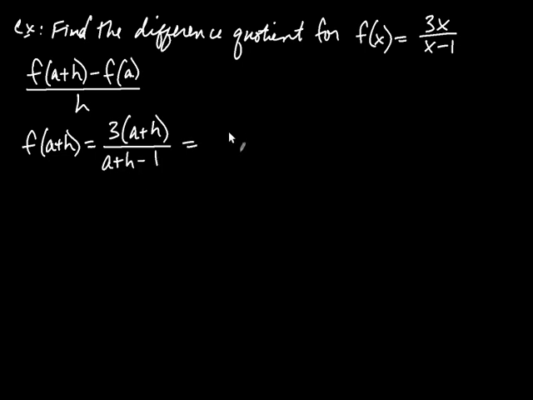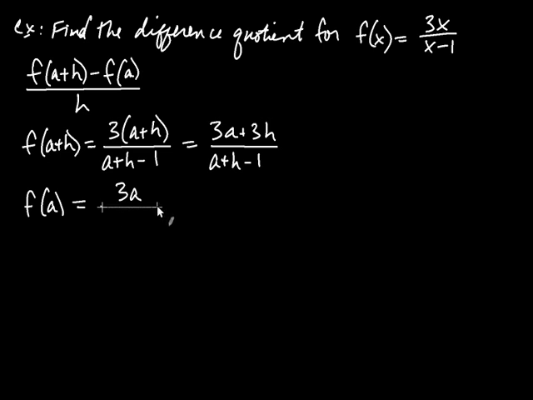Let's write that as 3a plus 3h over a plus h take away 1. And then f of a is just 3a divided by a minus 1. I found that by simply replacing x with a. So 3a over a minus 1.